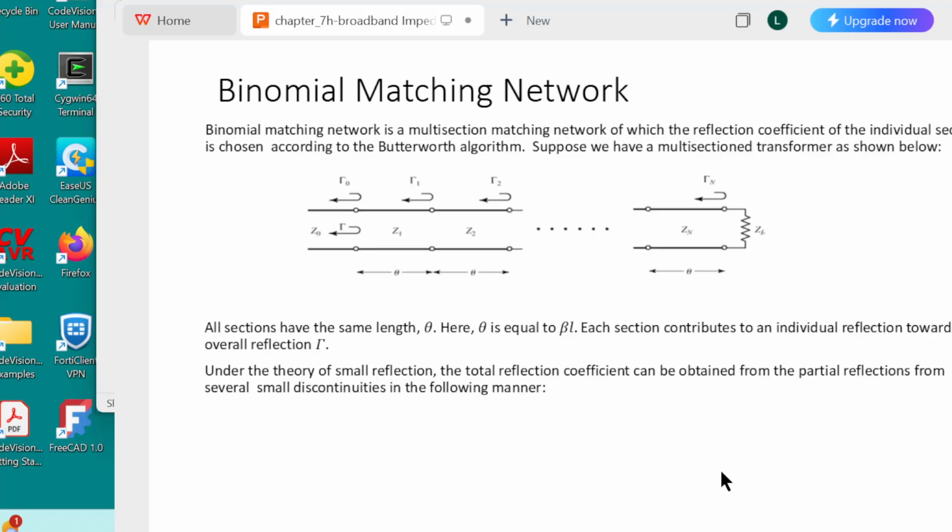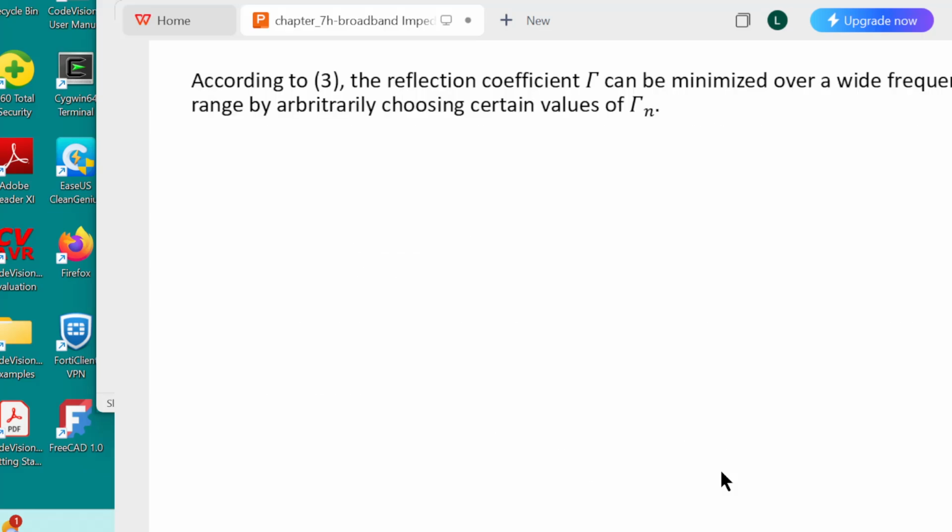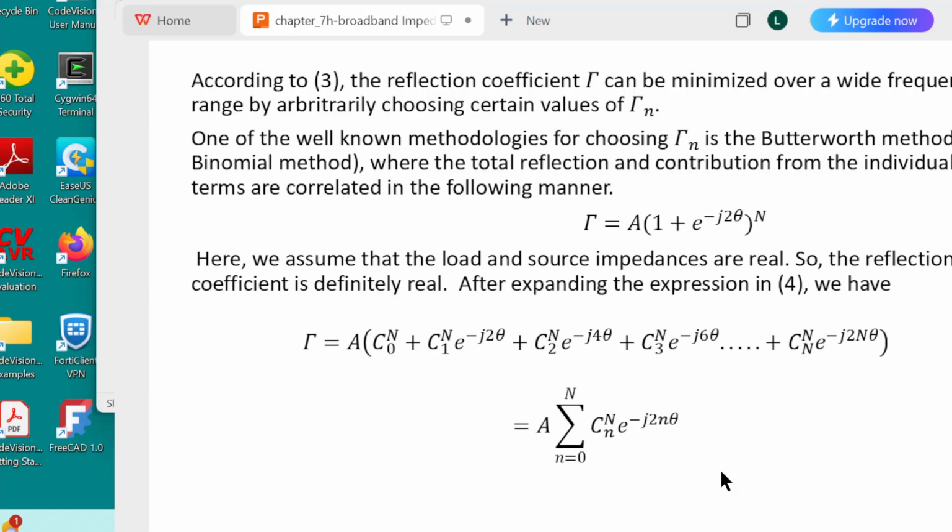Now, let's take a look here. What if theta is 0?